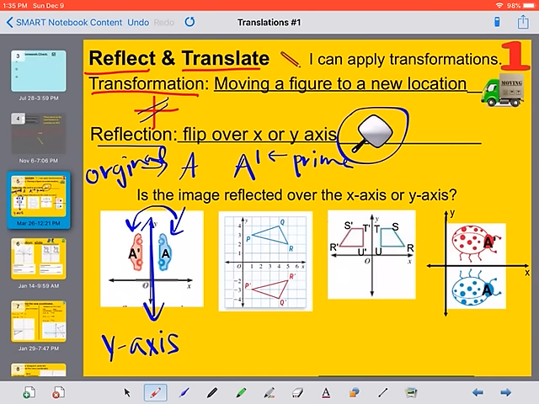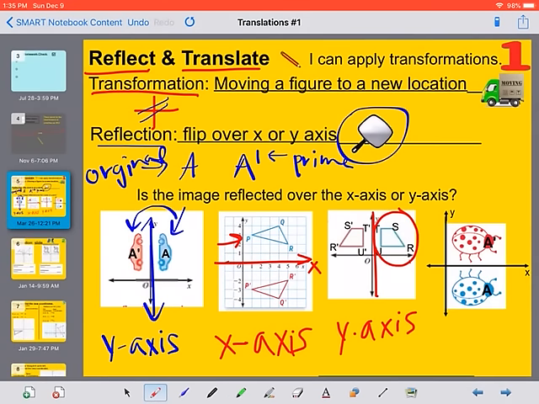This one, you can see here's our original because it's just irregular letters. Here we have P prime, R prime, and Q prime. It's reflected across the x-axis. This one, you can see it's on either side of the y-axis right away. Again, here's our original picture, and it's flipped over to the other side.